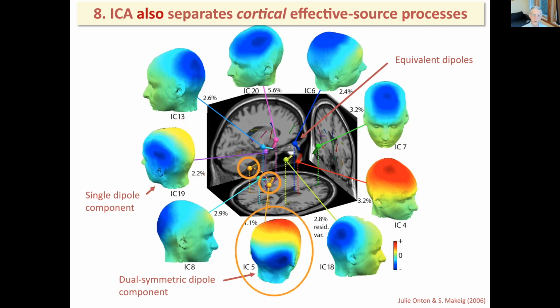Of course, sometimes the independent component maps, or the IC maps, can be exactly modeled by the projection of two equivalent dipoles. In this case, located bilaterally symmetrically, and therefore plausibly connected by perhaps corpus callosum or common drive mechanisms.